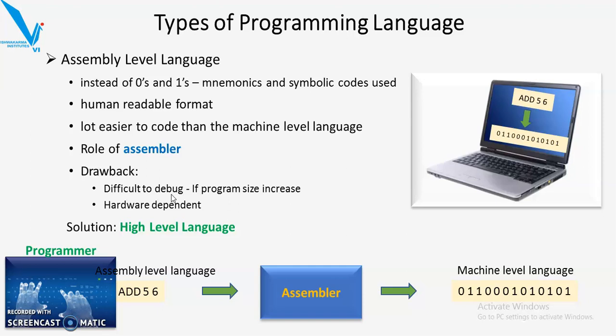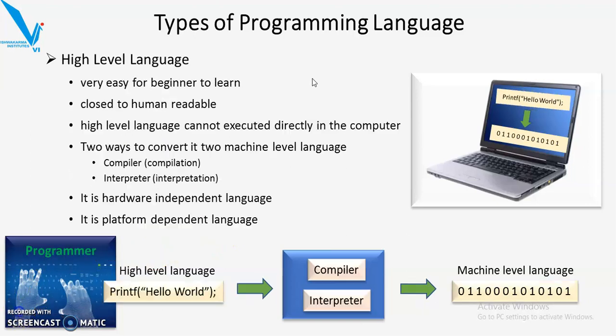So to solve this kind of problem, another new language was invented, where a lot more people can come together and write programs, which is not hardware dependent. It is called a high level language, which is also known as third generation language.